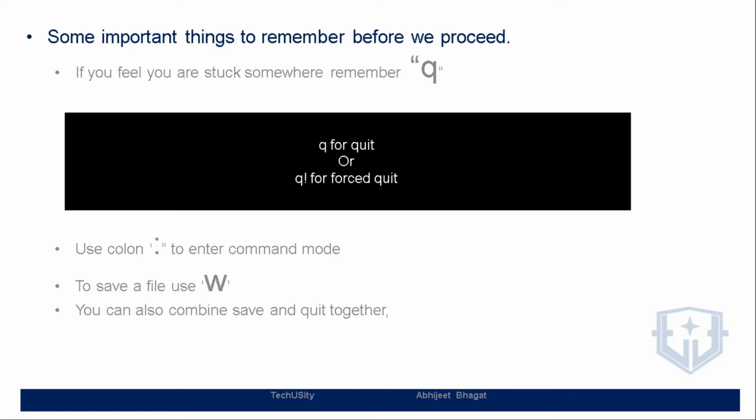So let's say you are in insert mode and you want to save the file, like the way you press Ctrl S in office suites like Word or Excel. In the same fashion, you can press :w. Alternatively, you can combine these two commands. For example, I'm done with my insert and I want to save and quit, so I will press :wq.